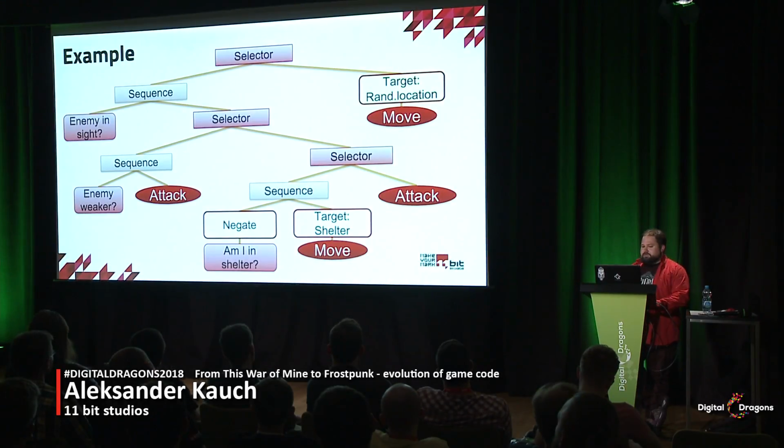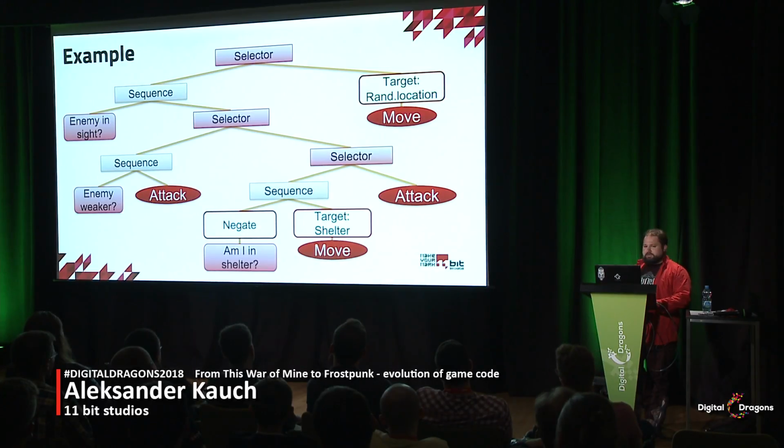A simple example of, let's say, an enemy, an opponent in the game. We evaluate the tree starting from top left. If there is an enemy inside, we return success and then go to the selector next to it.